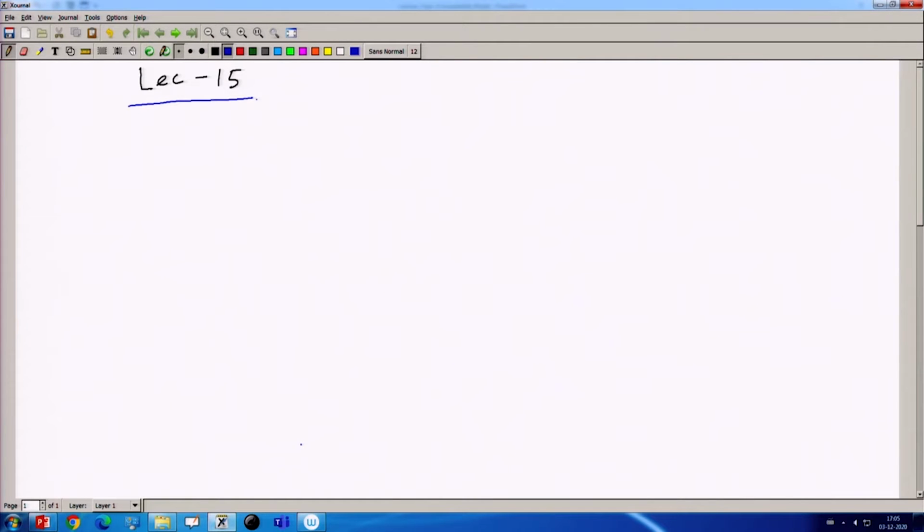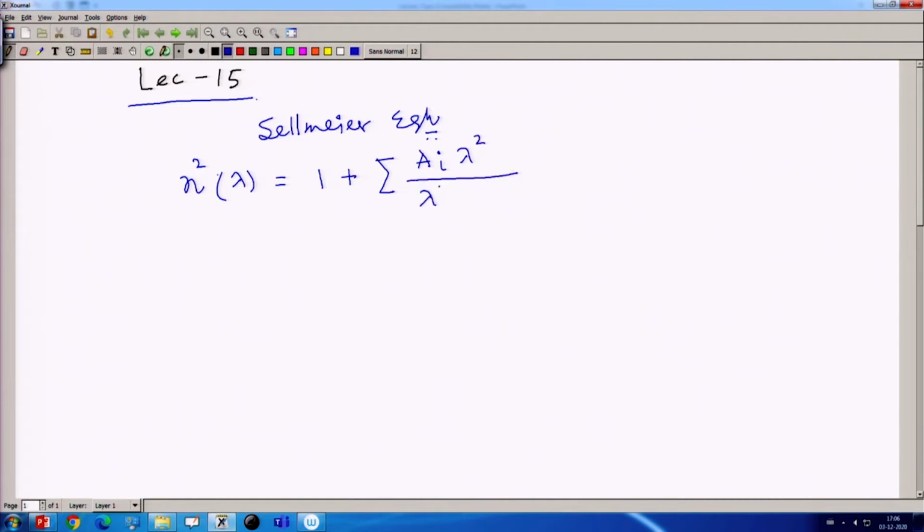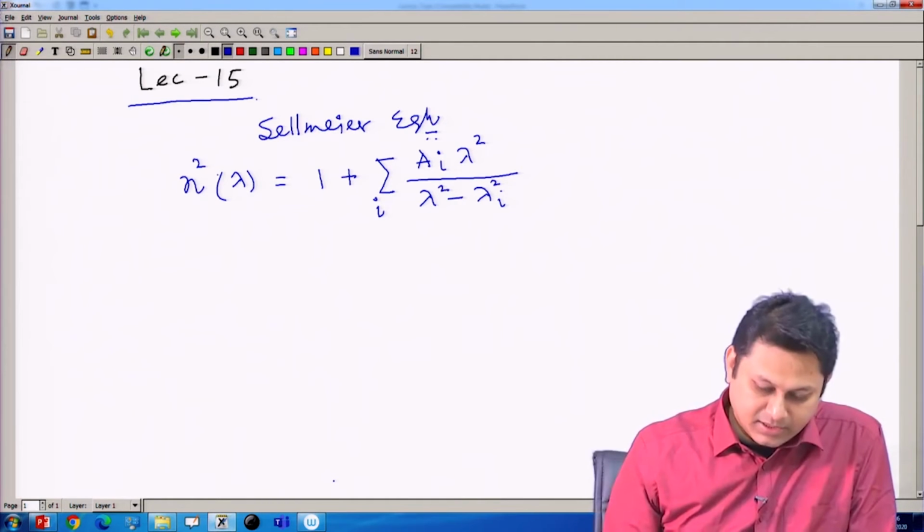We started with the Sellmeier equation. We derived this equation in the last class, which shows how the refractive index should vary with respect to lambda.